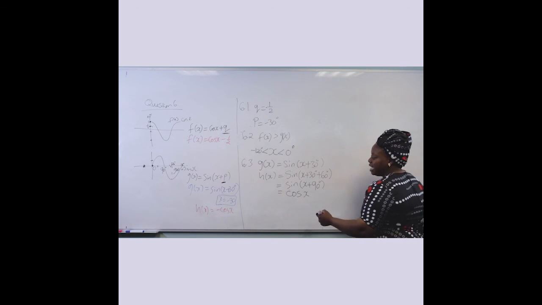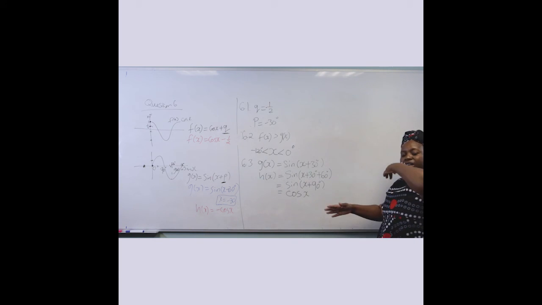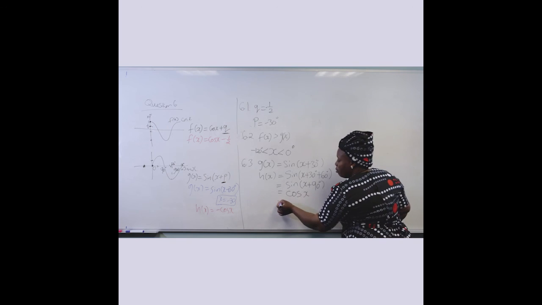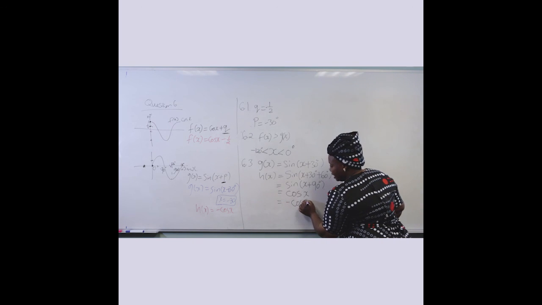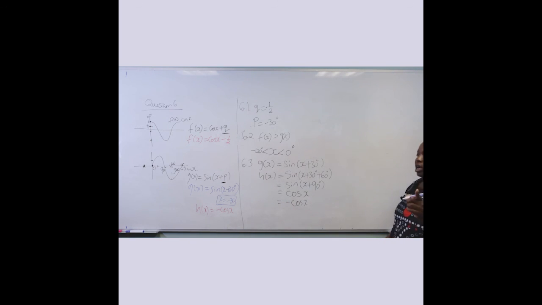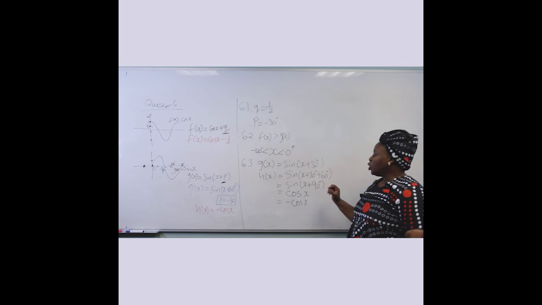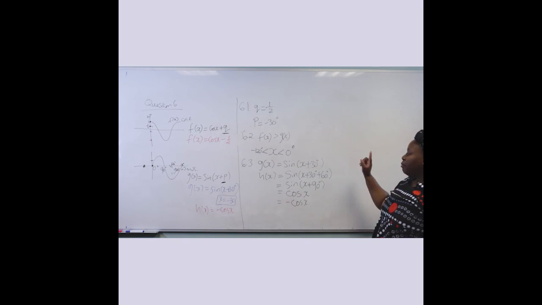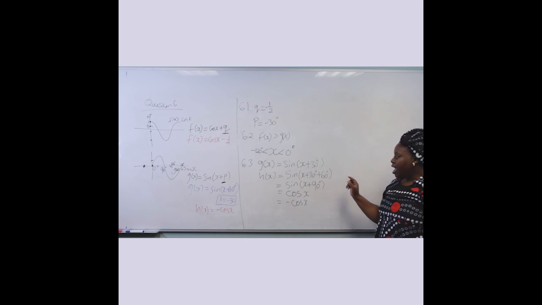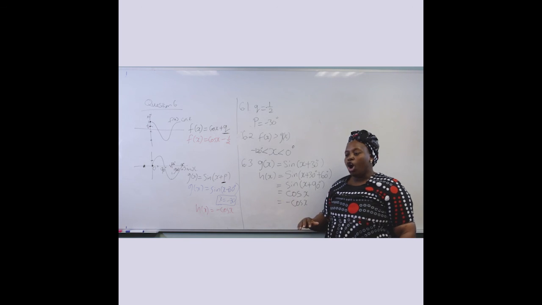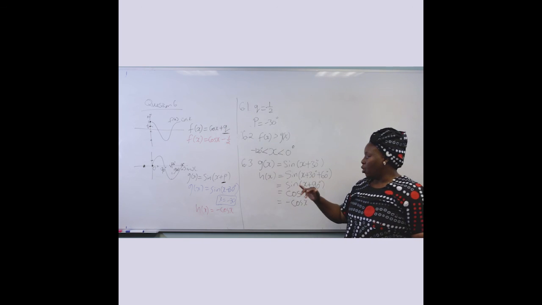So what happened again is that this whole thing was flipped upside down so that it becomes a negative, to accommodate the negative cos x. In words, you are going to say that there was a horizontal shift to the left by 60 units, and also a reflection along the line y equals 0.